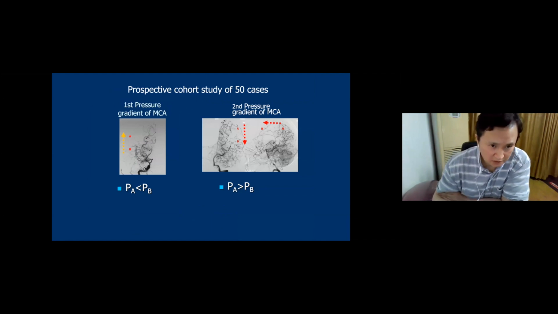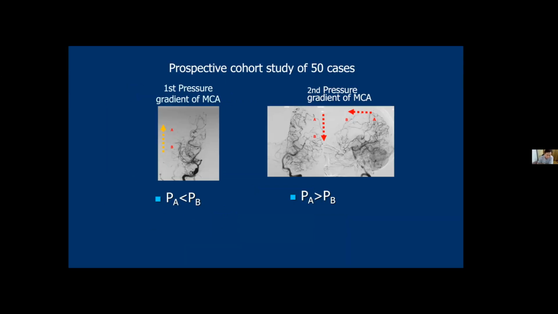So we compared the two pressure gradients of the MCA and the bypass direction. In the first pressure gradient of the MCA, the pressure of the proximal is larger than the P distal. This is the second.